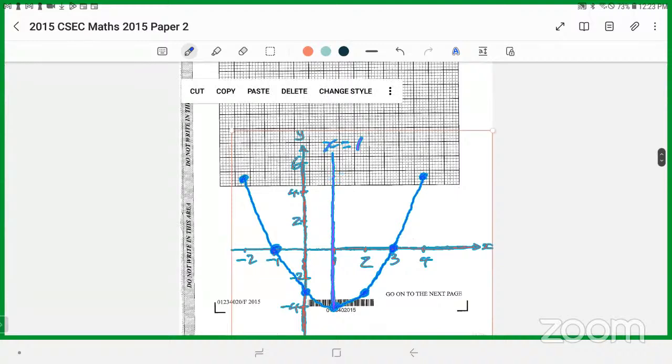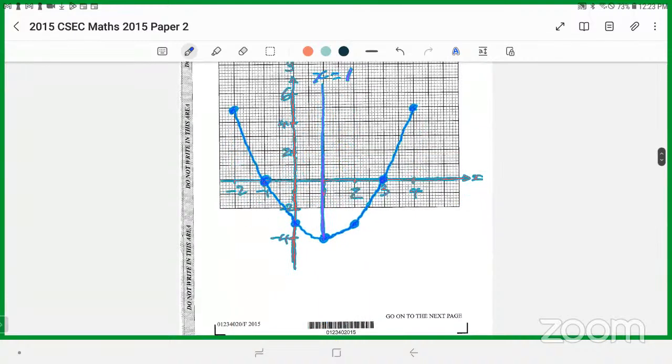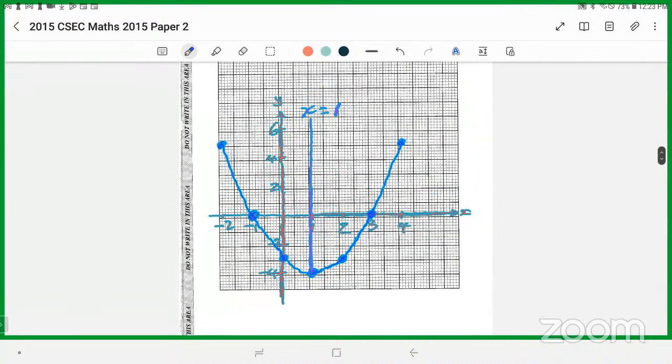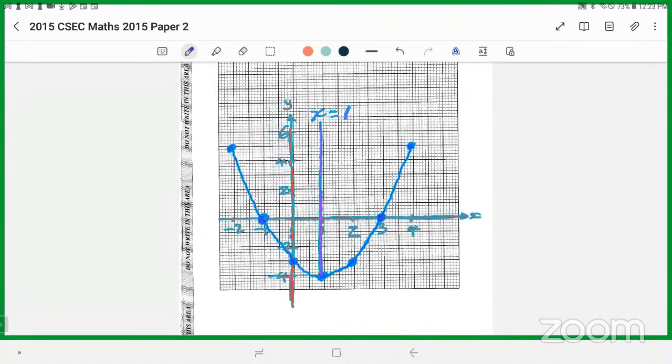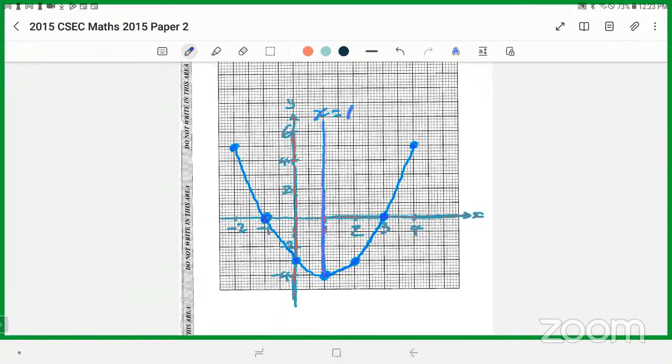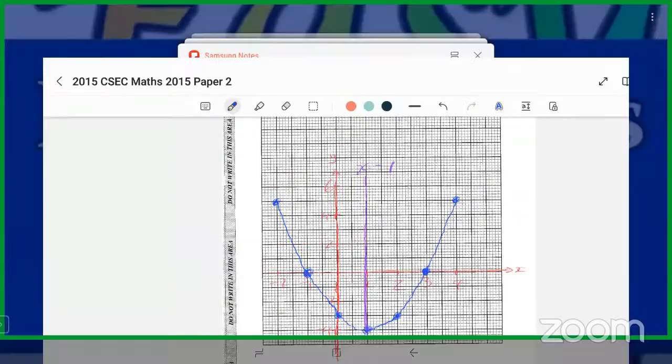Let's put this document in the right place.